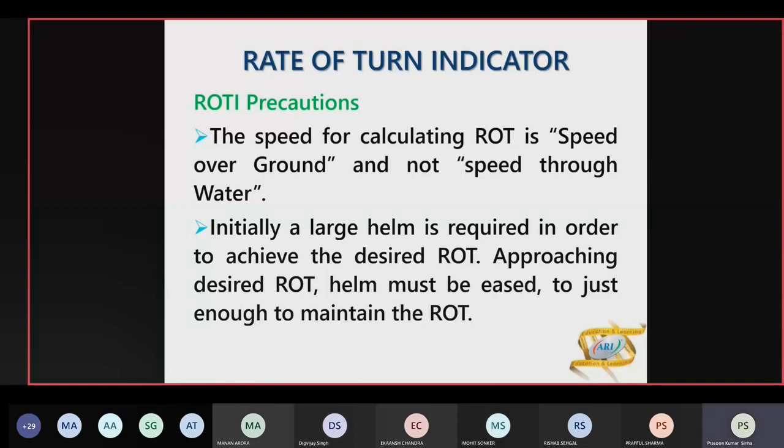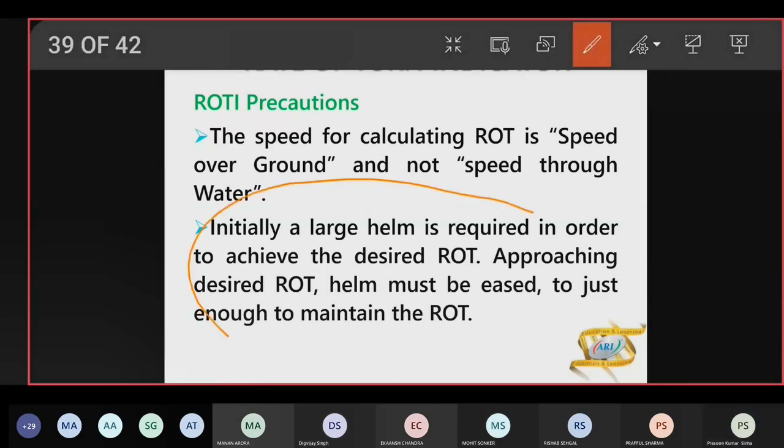यहाँ से एक चीज और दिखता है कि जब जहाज नहीं घूम रहे थे तो घुमाने के लिए ज्यादा मेहनत लगी ना, तभी ज्यादा रडर मांग रहा है. जब जहाज सीधी चल रही है और घुमाना चाहते हैं तो ज्यादा रडर देना पड़ता है, आपको नहीं है ना?